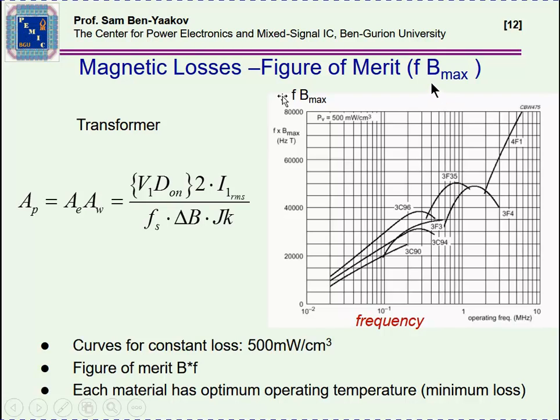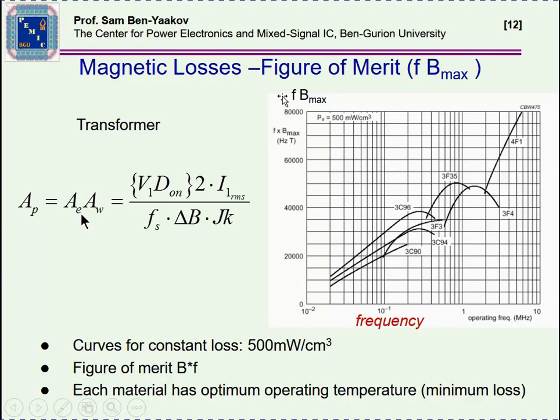This figure of merit is really very important because when you are calculating the core that you need from basic information like the current and the voltage in the case of a transformer, you come up with this area product. The area product is the cross-section area of the core times the area of the window of the core where you put the windings.